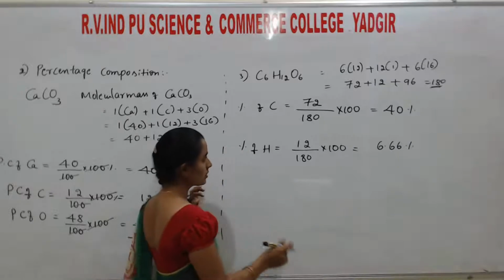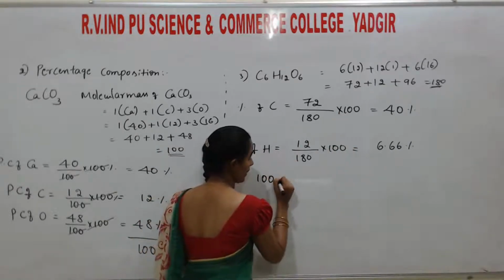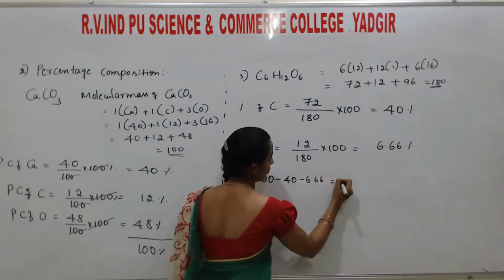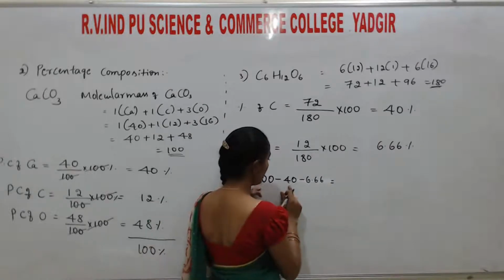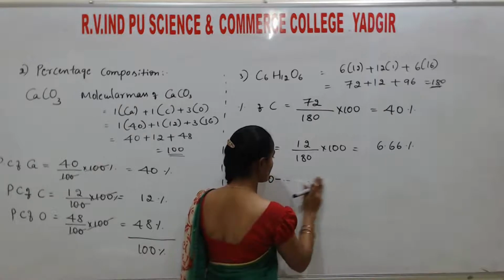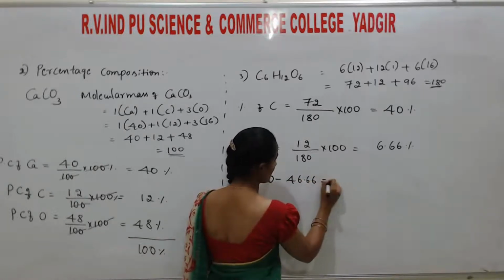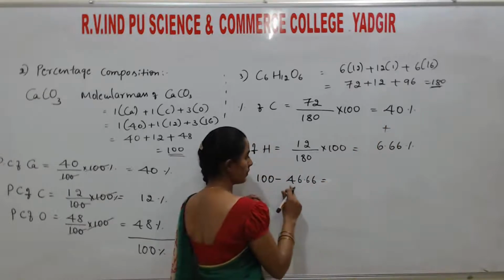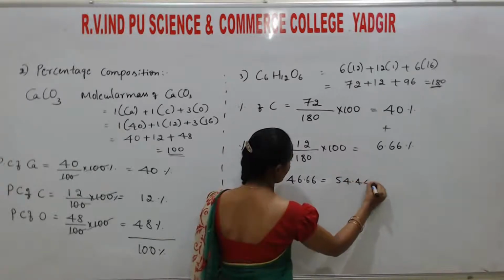Okay, students, you know these two, then you subtract these values from 100 and you will get the value of oxygen. So 100 minus 46.66, the addition of these two, correct? Then 100 minus 46 means that is 53.44.